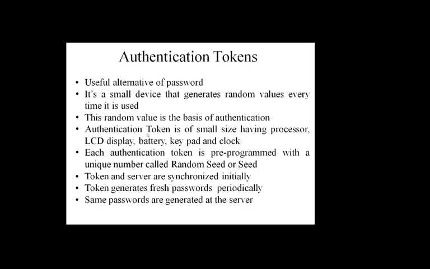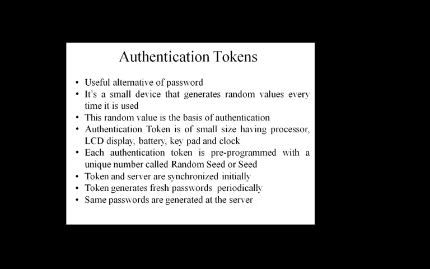Now, the authentication token is a small device which contains a processor, LCD display, battery, keypad, and clock. All these things are available in the authentication token. And each authentication token is pre-programmed.